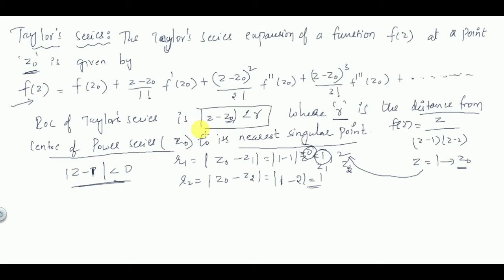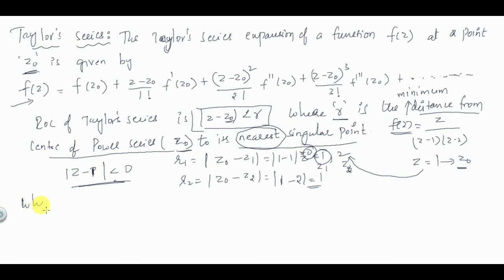Modulus of z minus z0 is less than r, where r is the minimum distance from the center of the series to its nearest singular point. Nearest means minimum distance only. In this case it will be the ROC of this given f of z. So this is how we can find the ROC of a Taylor series.